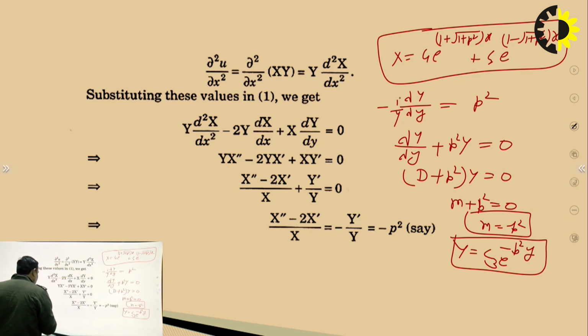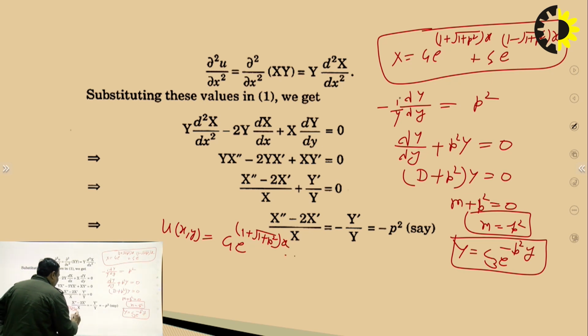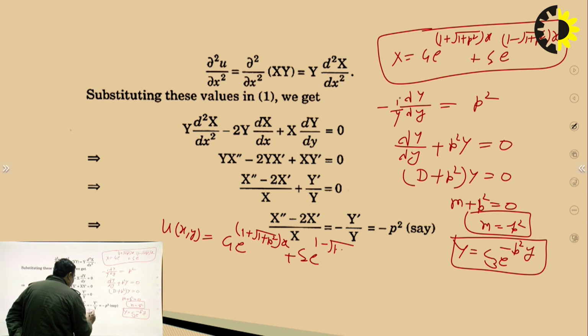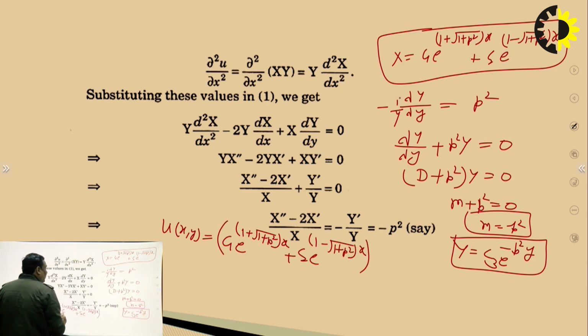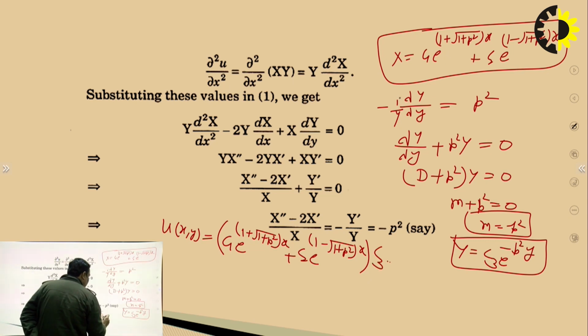Okay, so u equals XY. X equals C1 e to the power 1 plus under root 1 plus p² of x plus C2 e to the power 1 minus under root 1 plus p² of x, and Y equals C3 e to the power minus p² y.